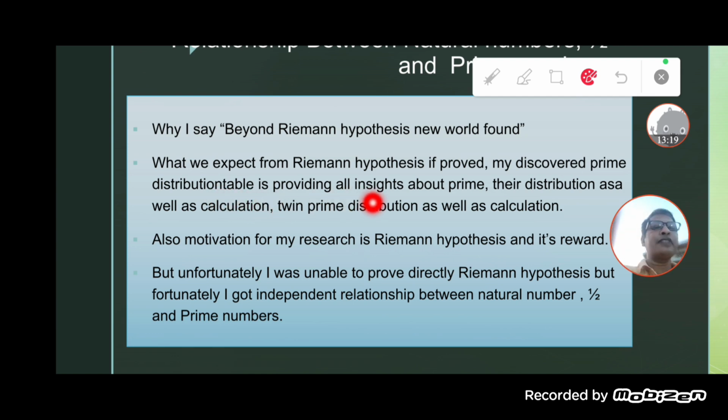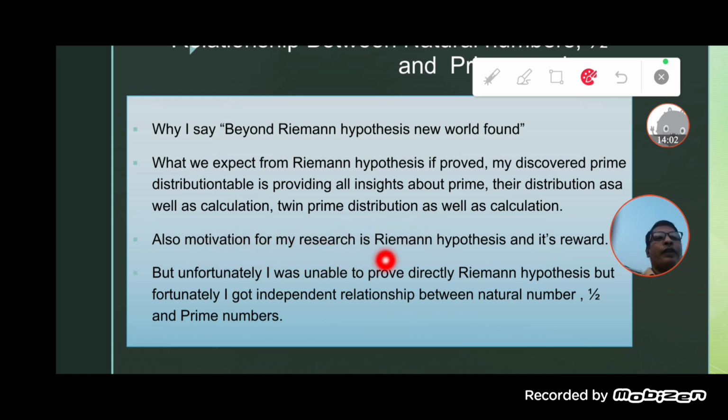My approach is different, but whatever answers we are looking for from the Riemann hypothesis, those answers can be given by my new discovery, the prime number table. This prime number table is providing all insight about primes, their distribution and even calculation. Even twin prime distribution is well understood, why they are distributed in twins, and even their production from this table is possible.